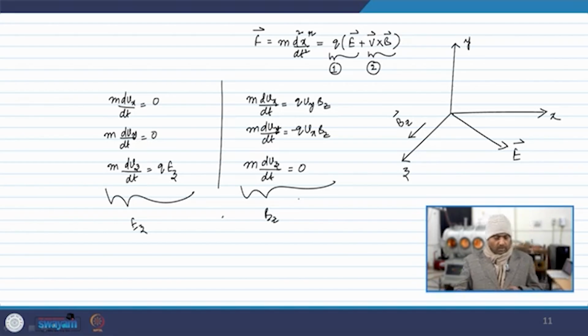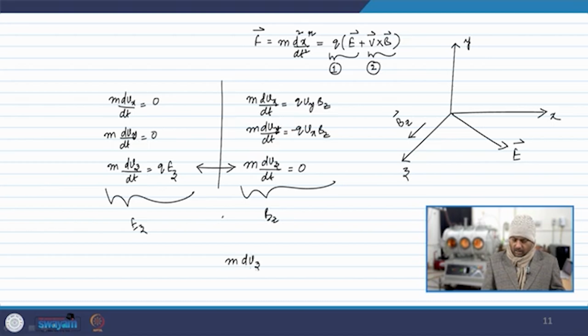So, the z component of the velocity will not be influenced by the magnetic field, as it is parallel to the magnetic field. So, we can say that these two equations combined will remain the same, right, because dVz by dt is 0 according to the first equation.